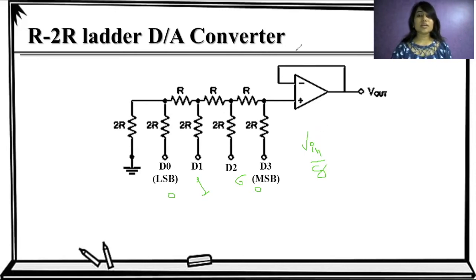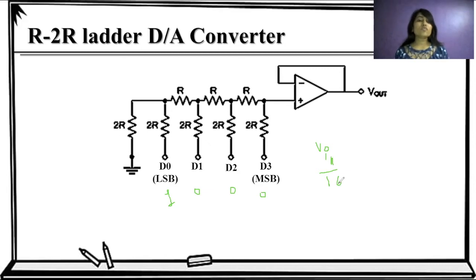And similarly, if D0 is equal to 1 and all other inputs are 0, we have 2 into 2 into 2 into 2, so the output equation is V in divided by 16.